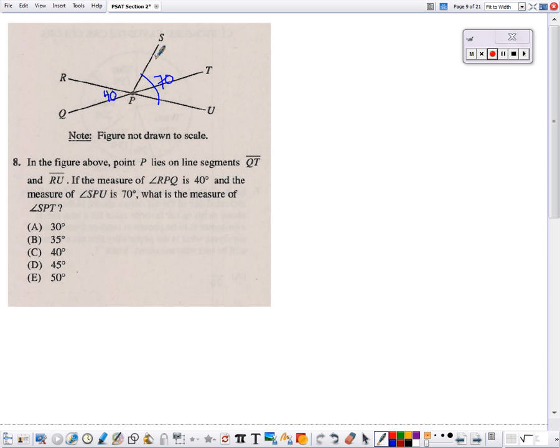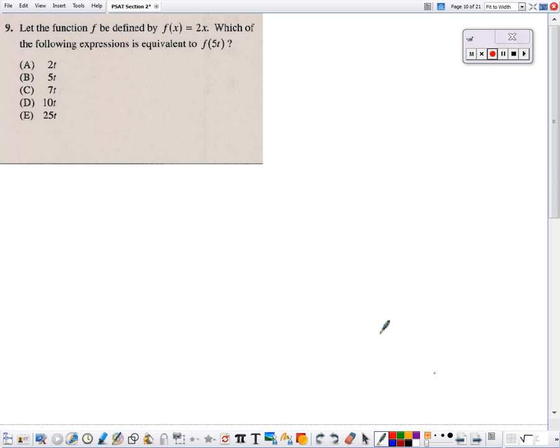So we need to find, this is x. I know that this angle is 40 because it's a vertical angle with RPQ. And if that's the case, 70 minus 40 is 30 degrees, so A.